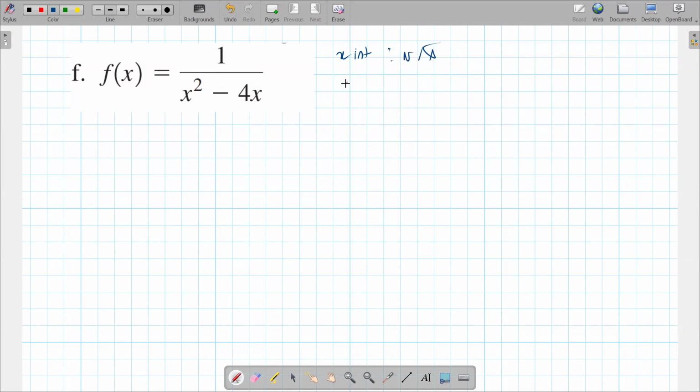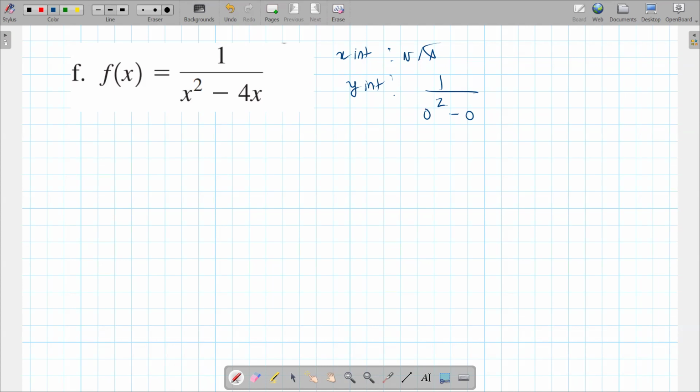What about the y-intercept? How do we find the y-intercept? You set x to 0. So we get 1 over 0 squared minus 0. What is that? It's nothing. So does it have an x or a y-intercept? No, it doesn't.